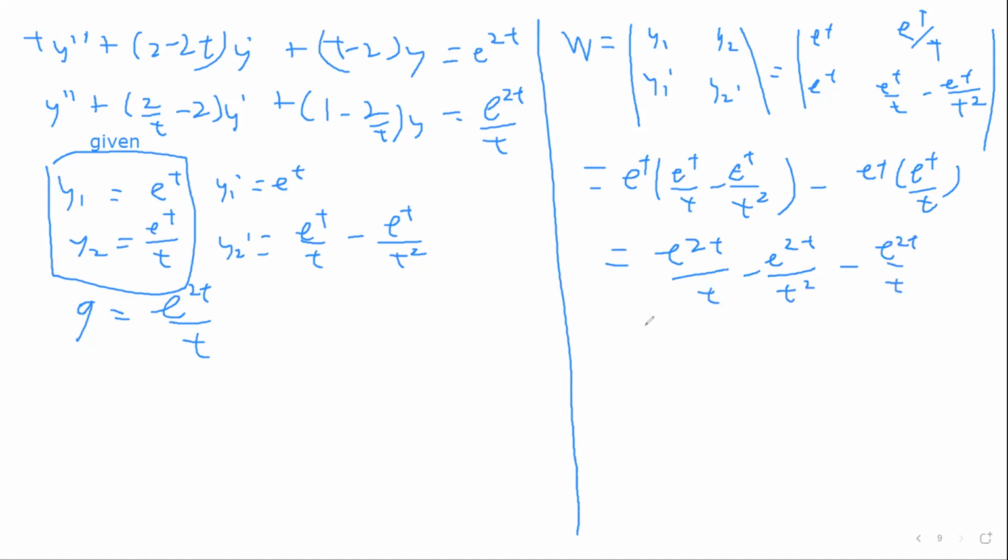In exciting news, this means that W is simply equal to negative e to the 2t over t squared, which is probably going to make everything easier. I have taken up so much space and now I have to move to the next page. People are writing things down, so I'll give you a sec.